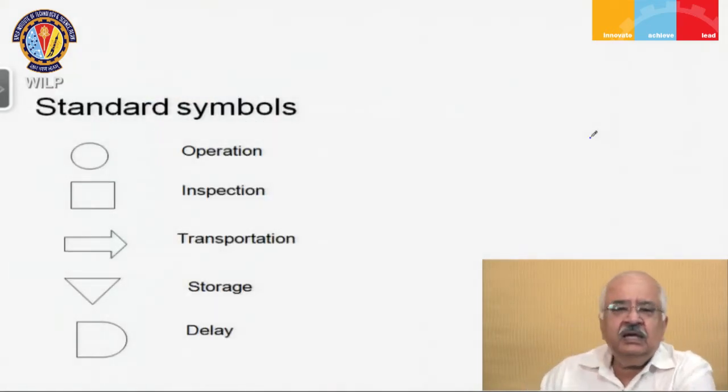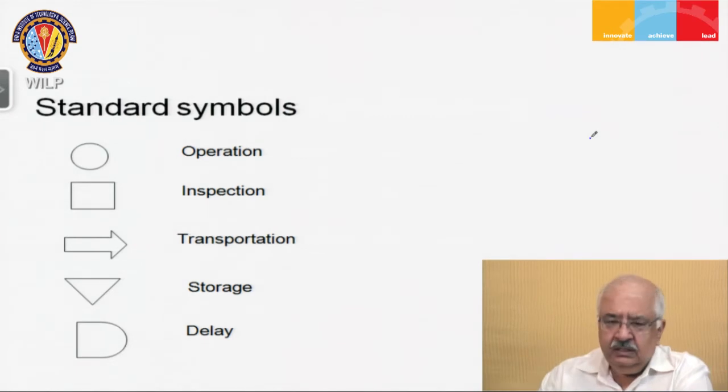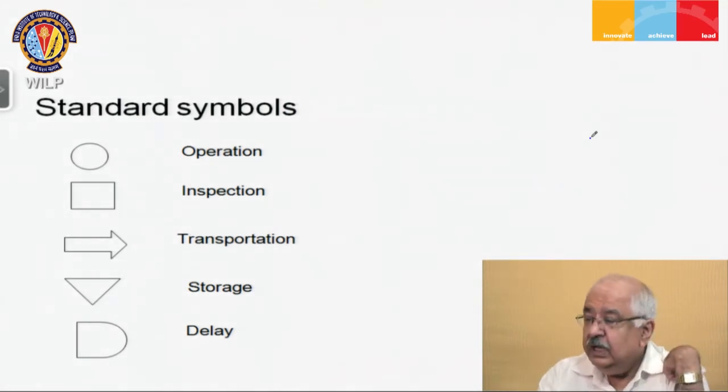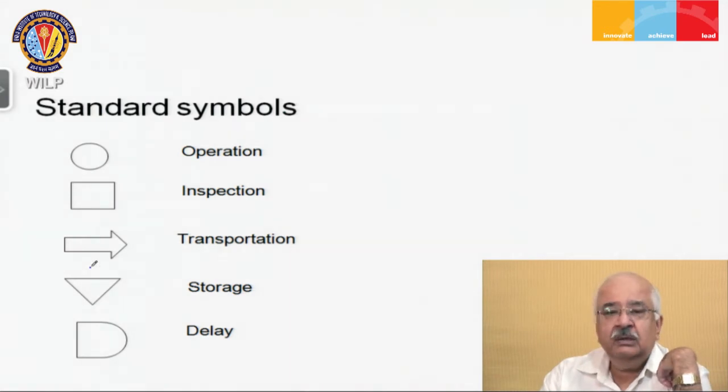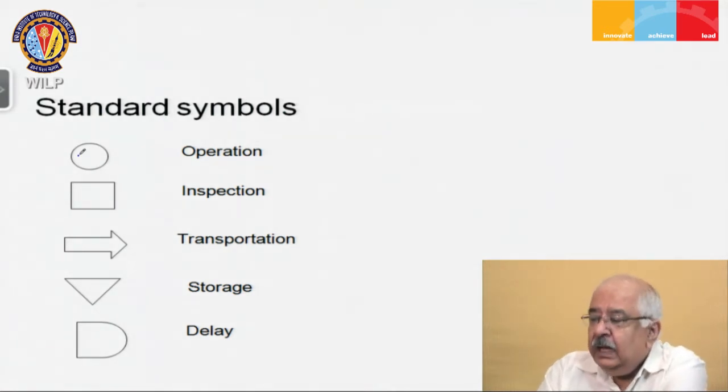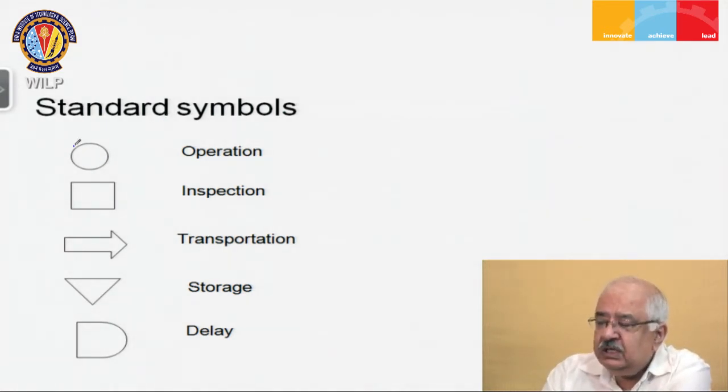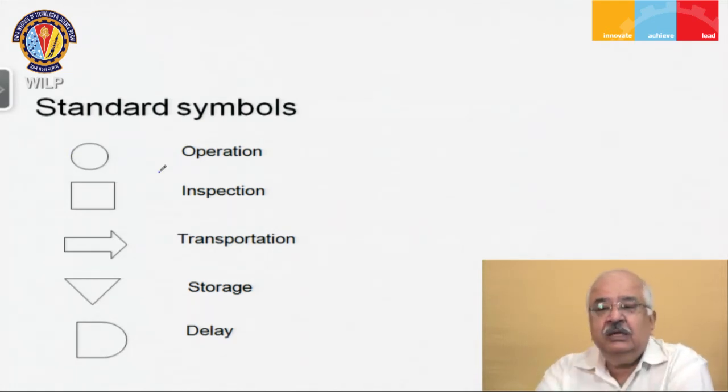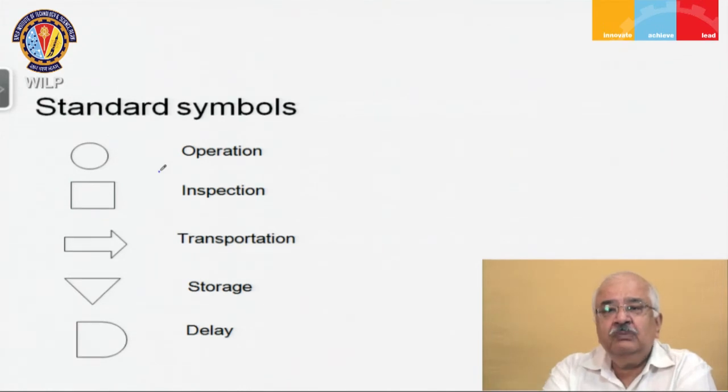Generally speaking, and I think I had briefly introduced you to these symbols in the last class, but here is a little bit of a formal introduction. There are some standard symbols that tend to be used in process charting or process mapping. We tend to use a circle to indicate an operation, and an operation is basically any time we do something in terms of adding value.